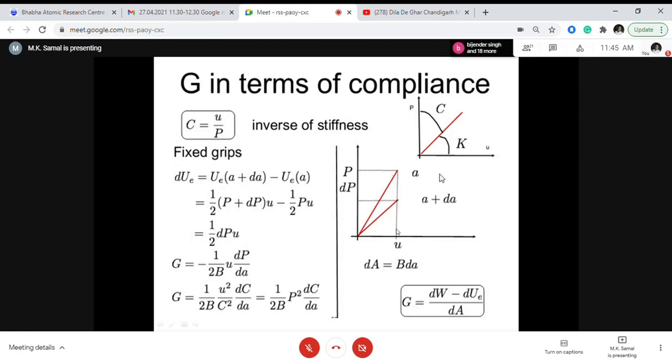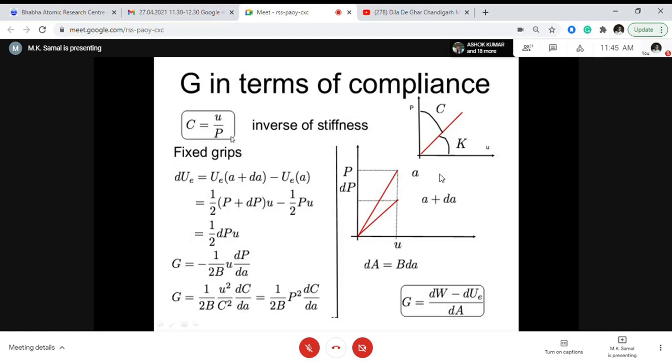U is fixed, and what is changing is the compliance. So U comes out because it is not a function of crack length, and dP by dA becomes U into 1 by C squared dC by dA.